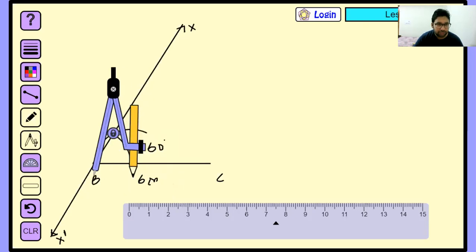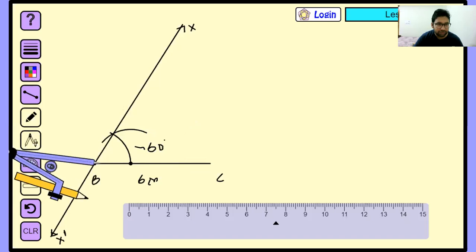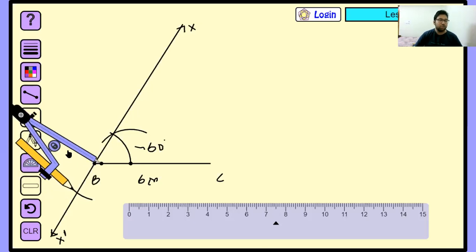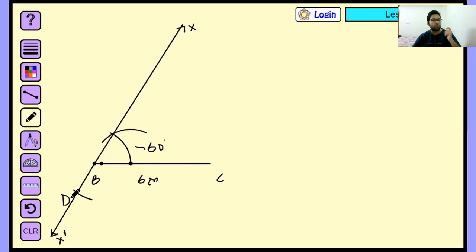I will keep it here, bring it near and cut it. So let's see. It is done. So what do we call this? We will call this point D, the intermediate point.